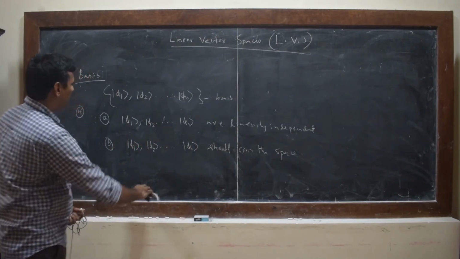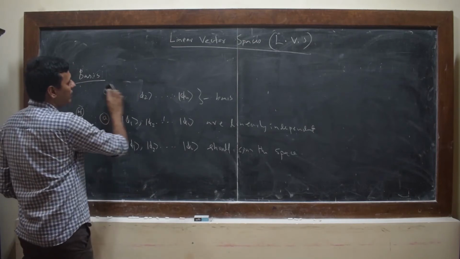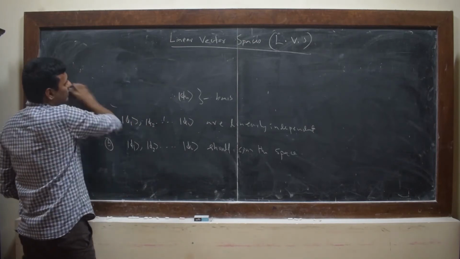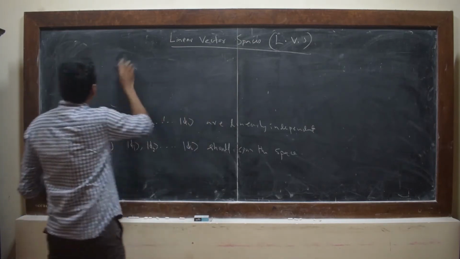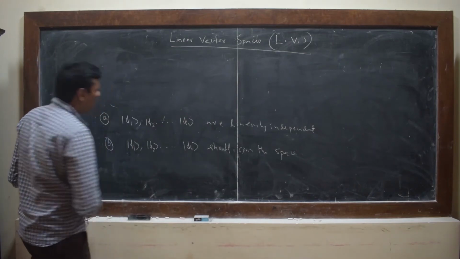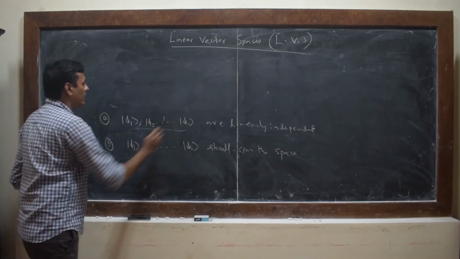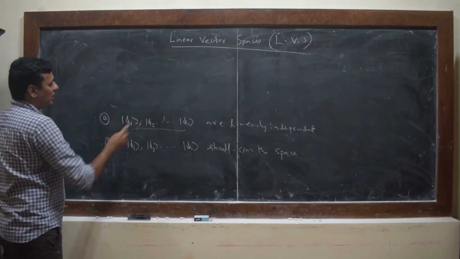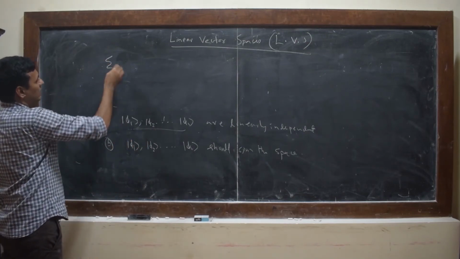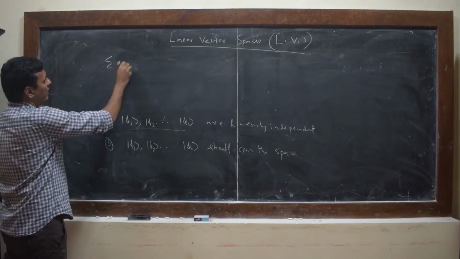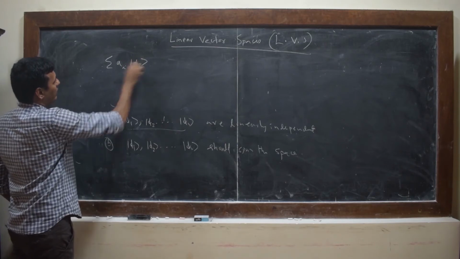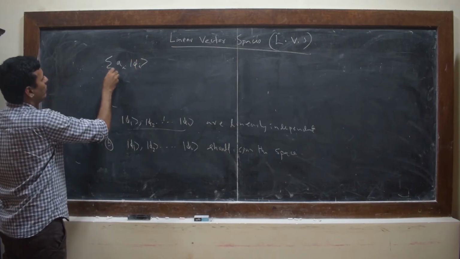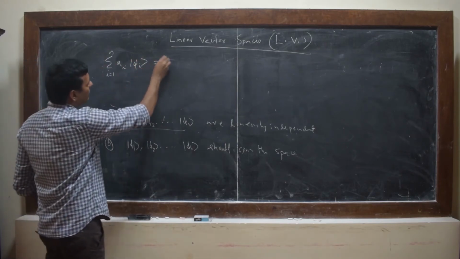So, let us take the first case. The formal definition is: suppose you have the summation of a i phi i from i equal to 1 to n equal to 0.